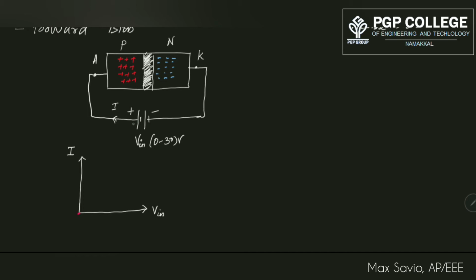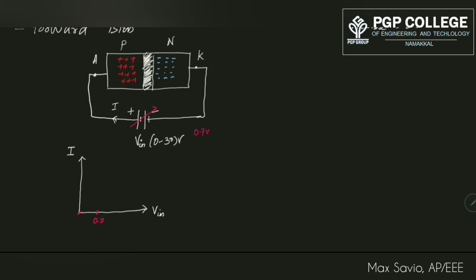I told you that for silicon the voltage at which it starts to conduct is 0.7 volt. So let's see what happens up to 0.7 volt. I'm going to increase my voltage slowly from 0, like 0.1, 0.2, 0.3, until it reaches 0.7.